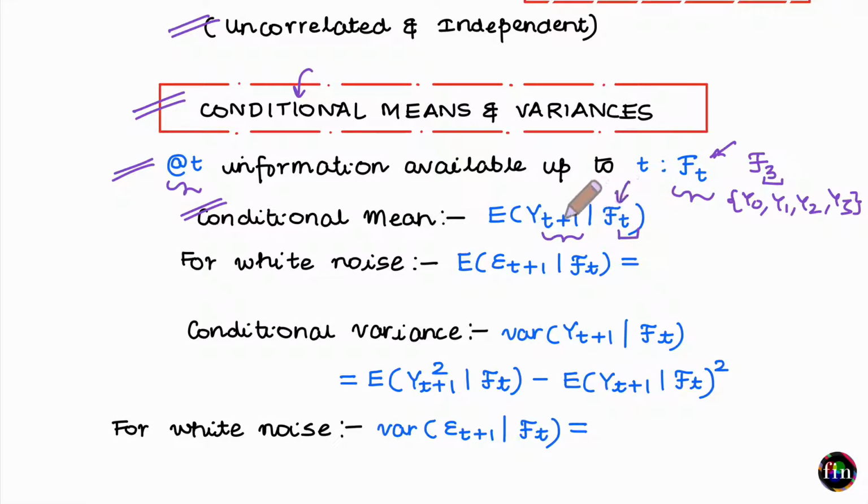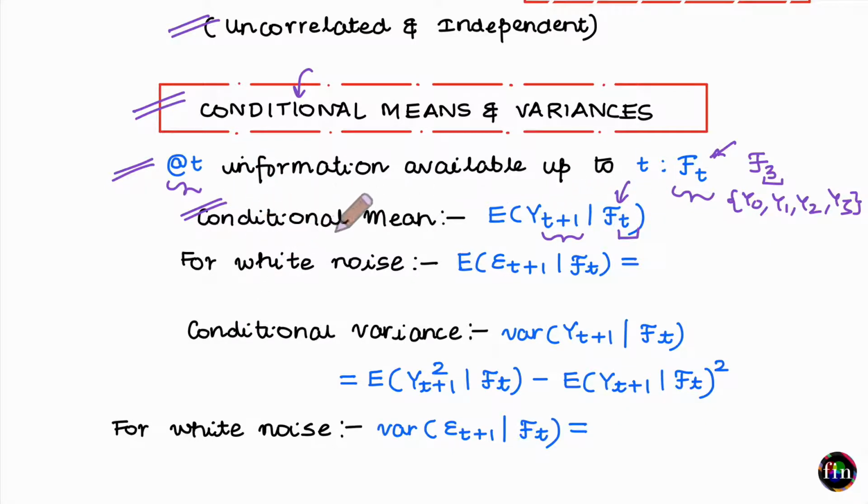It's like saying, what is the expected value of my stock price at 9:50 a.m. given that I am standing at 9:45 a.m. This will be different from the expected value of my stock price at 9:50 a.m. when I am standing at 9:30 a.m., when I have no information at all. Now this is the conditional mean.